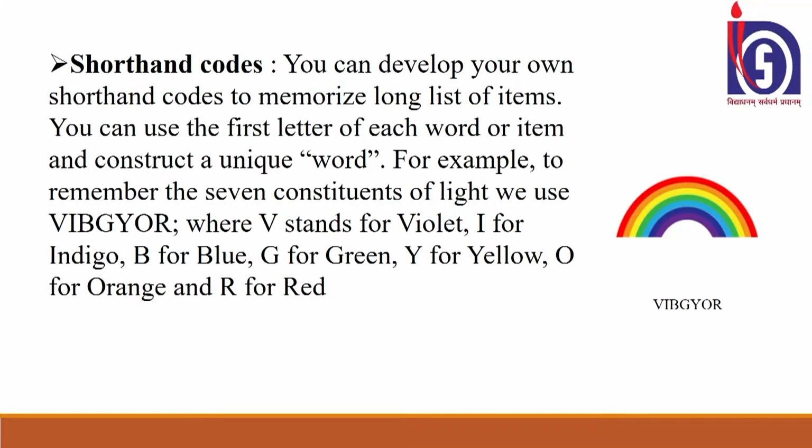Next we have shorthand cues. These are mnemonic devices. You can develop your own shorthand cues to memorize a long list of items. You can use the first letter of each word or item and construct a unique word. For example, one of the most commonly used shorthand cues is VIBGYOR, where V stands for violet, I for indigo, B for blue, G for green, Y for yellow, O for orange, and R for red.